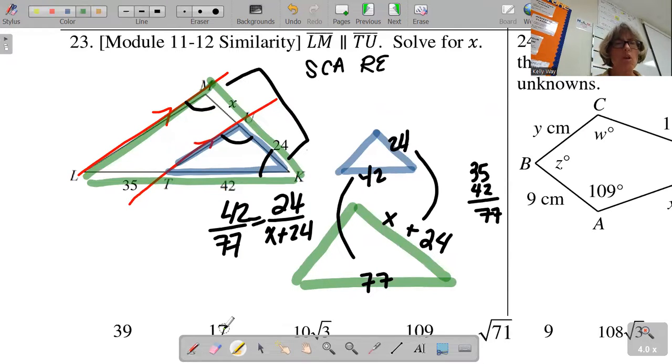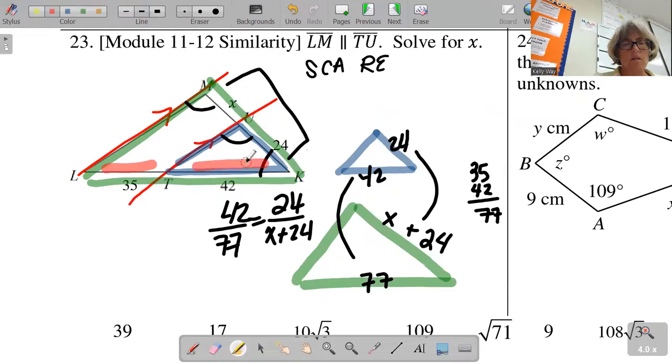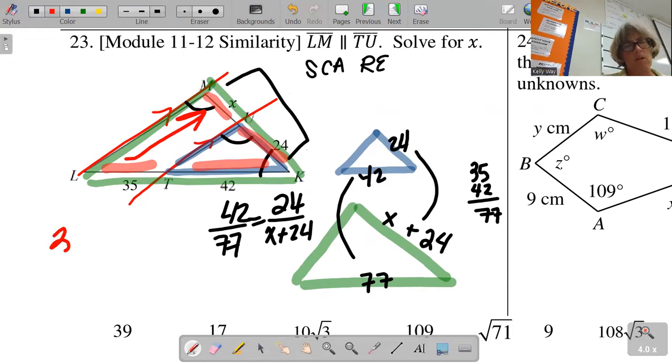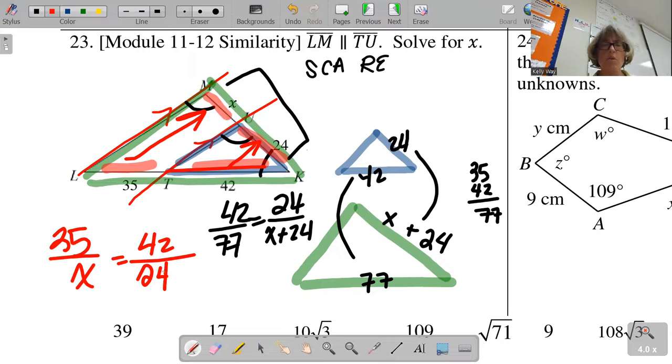Or you can visualize this just with pieces. So you could just look at the segments being proportional as well, and I could go this way: 35 over x equals 42 over 24. Both would work.